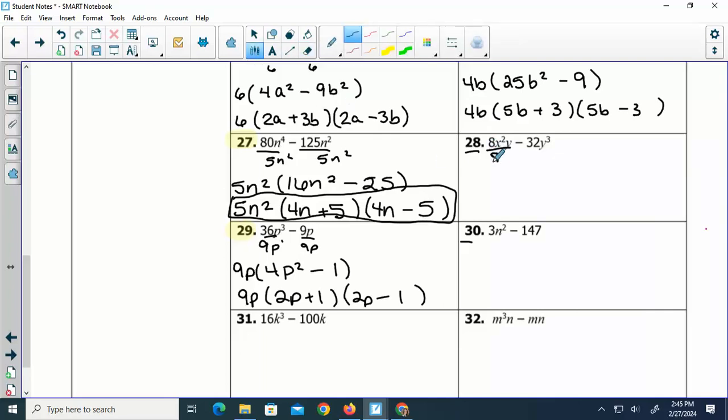And they both have a y. So we take out the 8y, that leaves us with x squared minus 4y squared. So x squared breaks into x. So plus 2y and minus 2y.